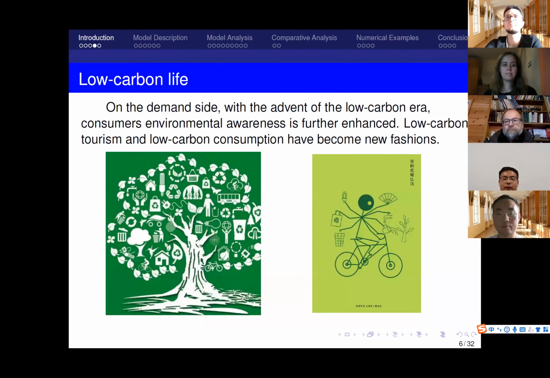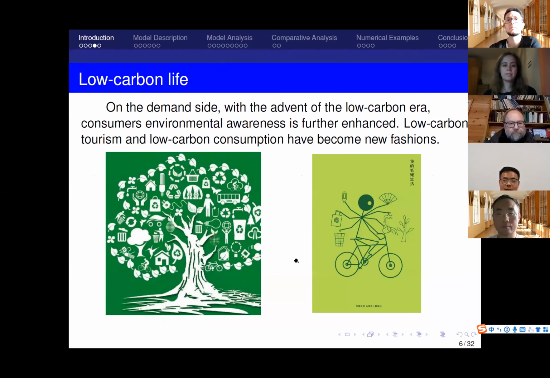And on the demand side is ourselves, everyone. With the advent of the low carbon era, consumers' environmental awareness is further enhanced. Low carbon tourism and low carbon consumption have become new fashions.